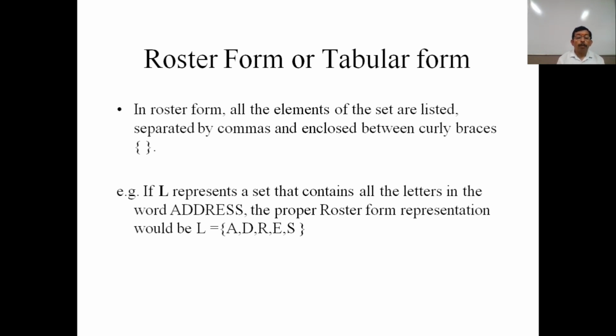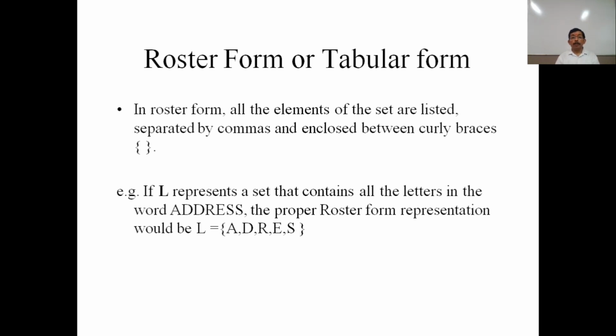Is it clear? For example, if the letters of the word ADDRESS are written in set form, how many distinct letters are there? First is A, second is D, third is R, then E and S. These are 5 letters in the set. So we write A, comma, D, comma, R, comma, E, and S. Repetition in a set is not allowed.